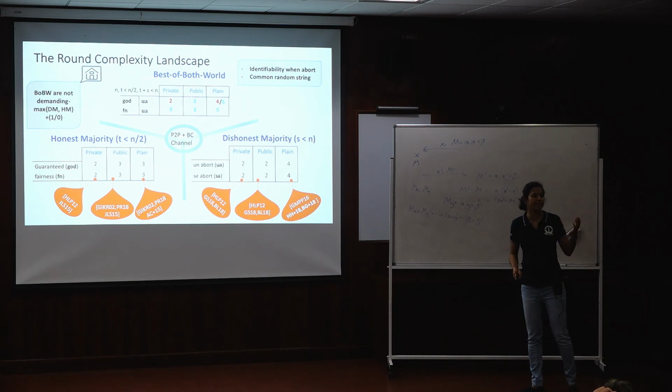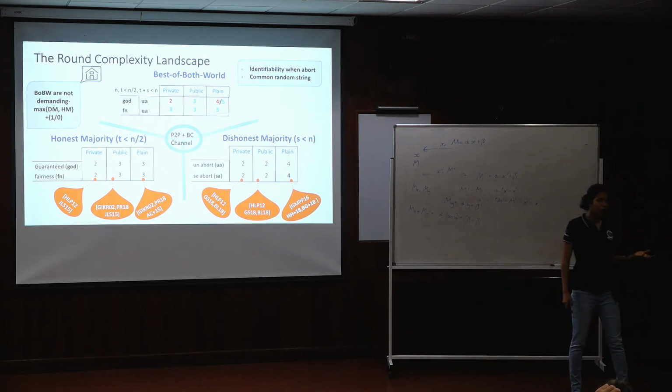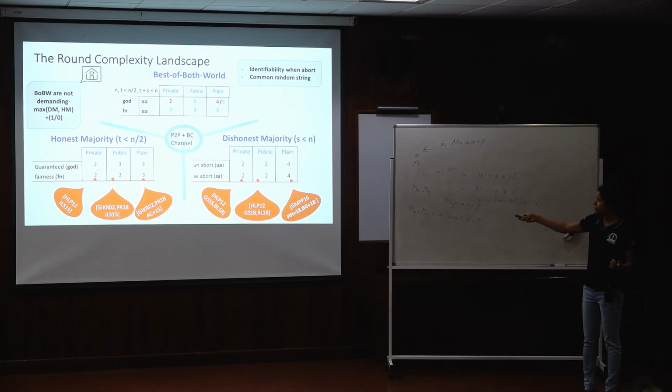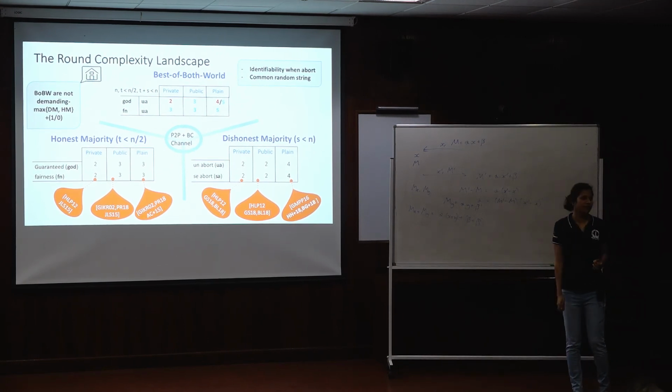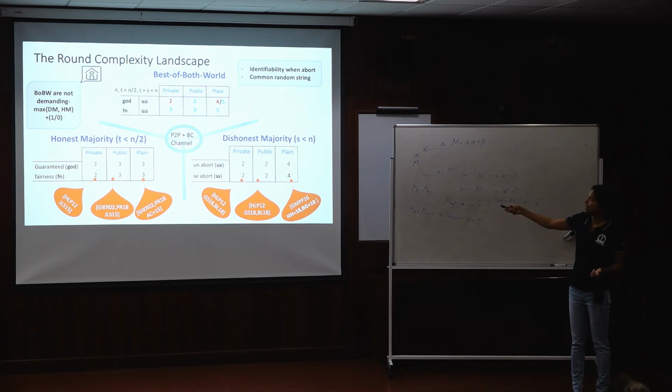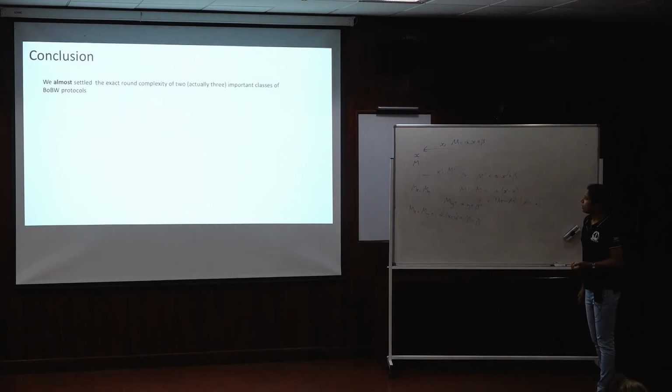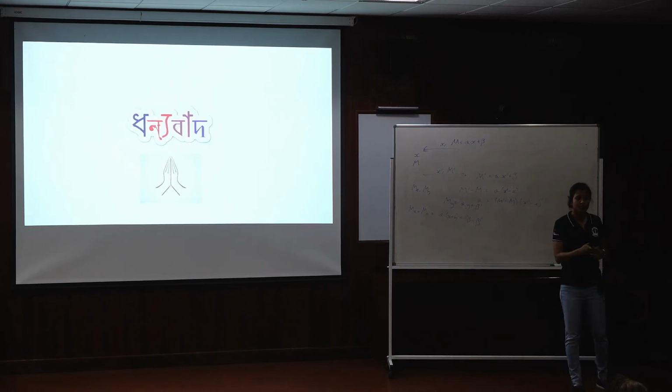This is why I was saying that the protocol I discussed is a compiler. You start with a protocol in a black box way, and then you enhance it to get another kind of protocol. So you can simply plug in the best protocol in the dishonest majority setting, giving this round complexity, into our compiler, and you will immediately get a protocol of the best of both worlds category. And not just that, you will actually be able to achieve this optimal round complexity. Okay, right. So I think I'm going to conclude with that. Thank you.